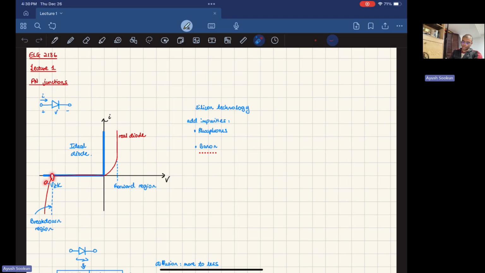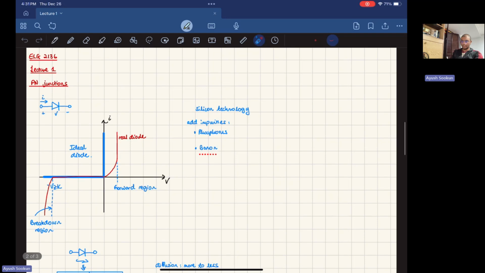And again, we go to the point minus VZK, which I said is the breakdown voltage. At that point, as the voltage increases here in the forward region, the diode is going to conduct current positively. But if I go further away, more negative from that breakdown voltage, the current is going to start to flow in the other direction, which is basically what we talked about.